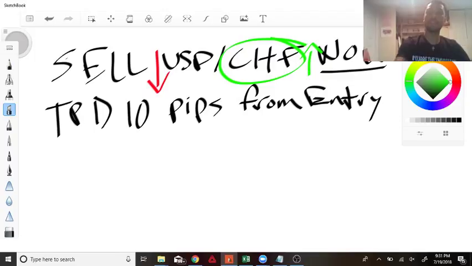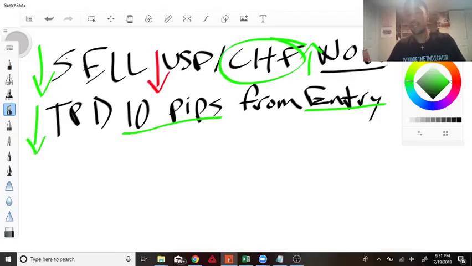So you actually make money when the price goes down. Yes, in the Forex market, you make money if the price goes down and you're in a sell. Your take profit will be below your entry price this time, set at 10 pips below that entry price.